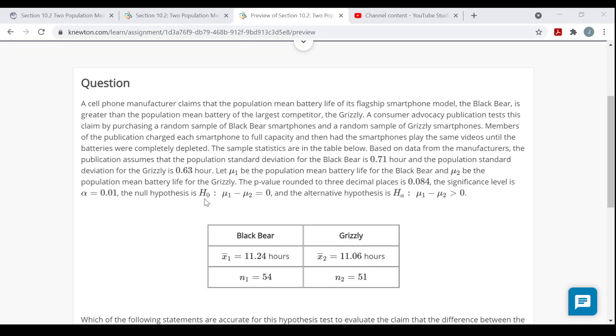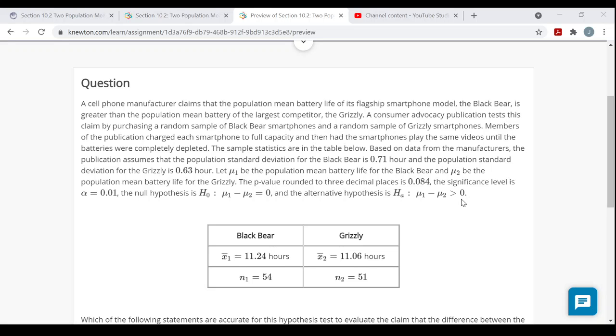The null hypothesis assumes that the BlackBerry and Grizzly phones have an equal average battery life. The alternative hypothesis is the claim that the BlackBerry has a longer average battery life than the Grizzly, so that mu1 minus mu2 is greater than 0.